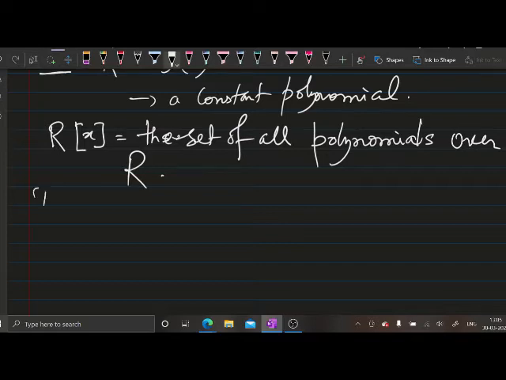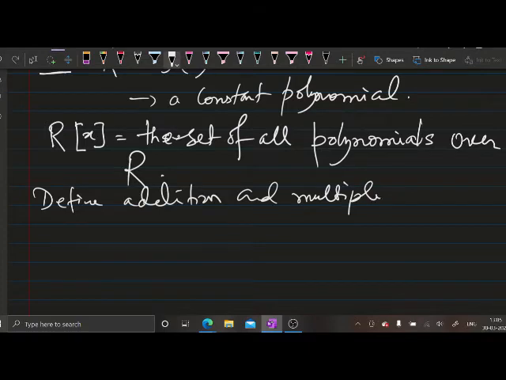So define addition and multiplication on R[x].